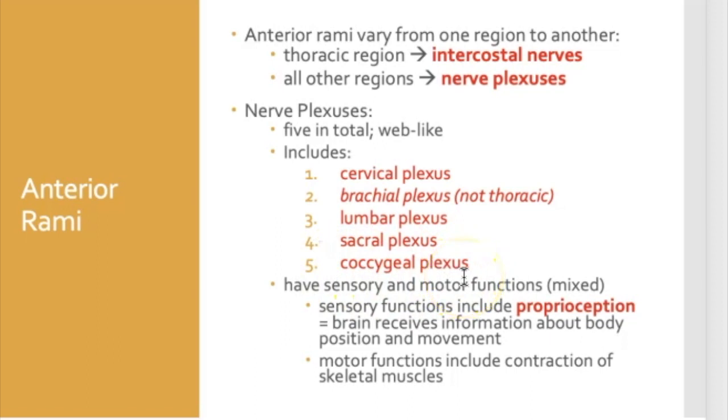These plexuses, again, are real meshworks, branching bundles of nerves. You can imagine that it can cause a whole lot of harm to someone if one of these plexuses gets damaged. There's a lot of nerves that are inside a plexus, and so if a plexus gets damaged through traumatic injury, it can cause some very severe effects.